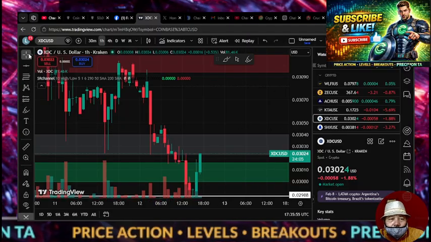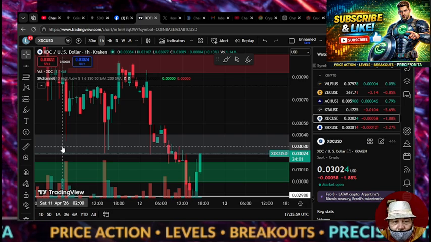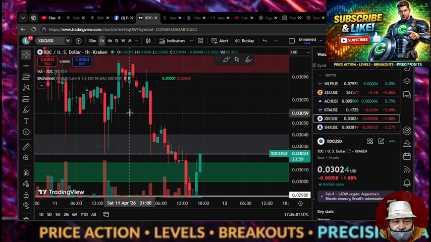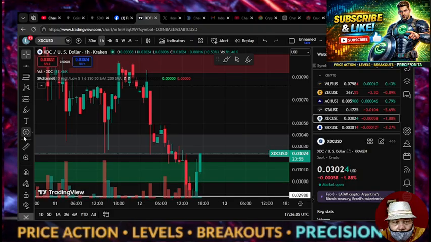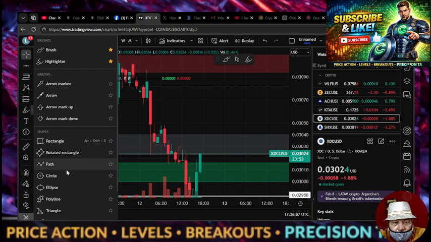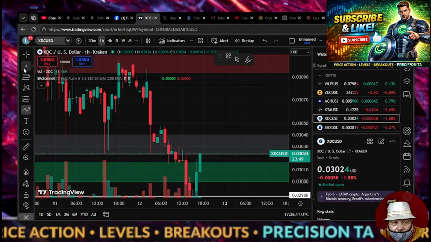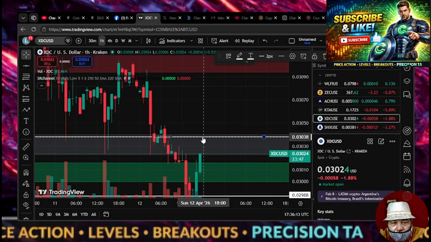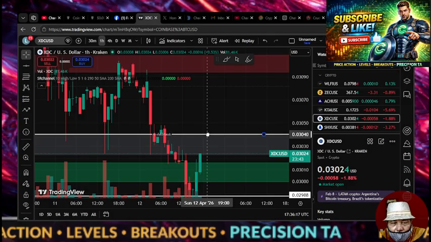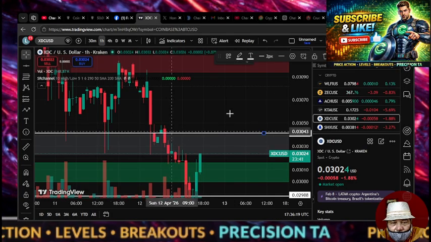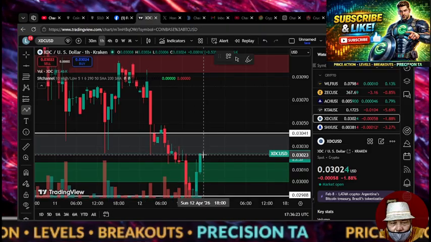So I do see us pushing back up there. I don't see another gap. So where we're at right now, that gap is right here. There's the top of that gap right there. That's the gap right there. I do see us doing this.